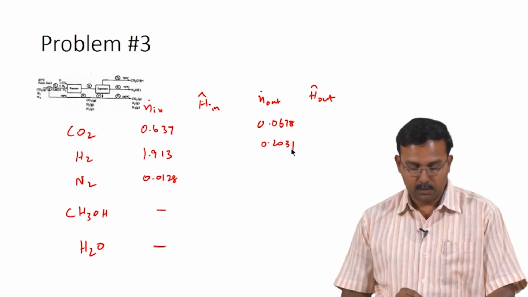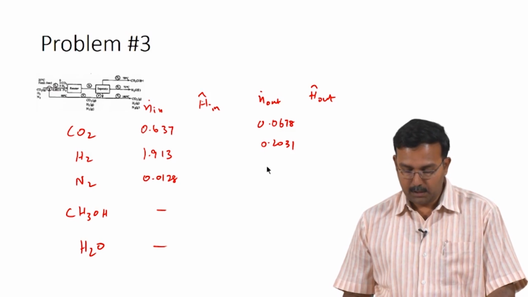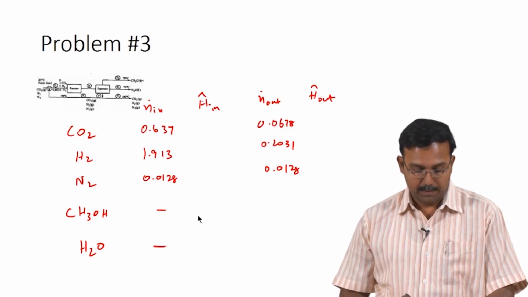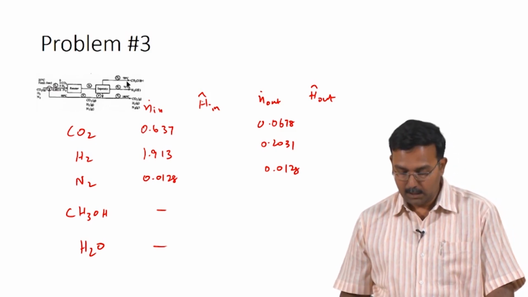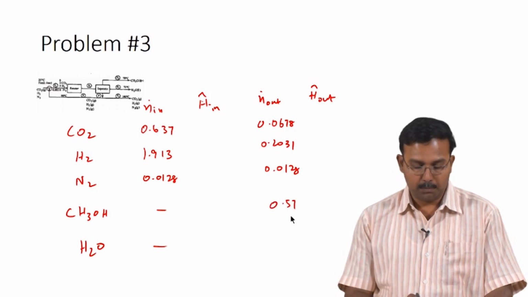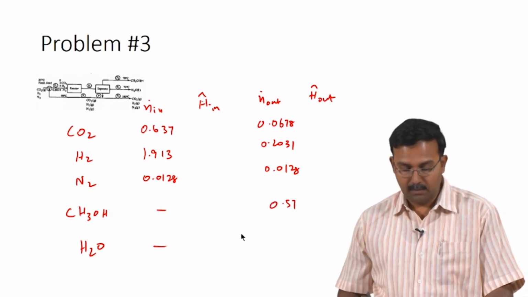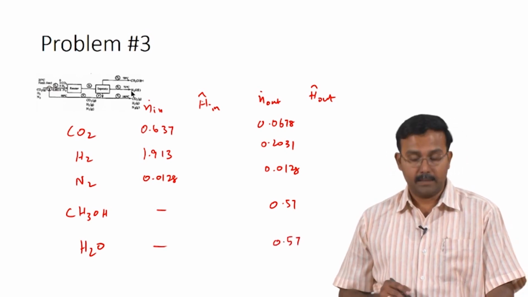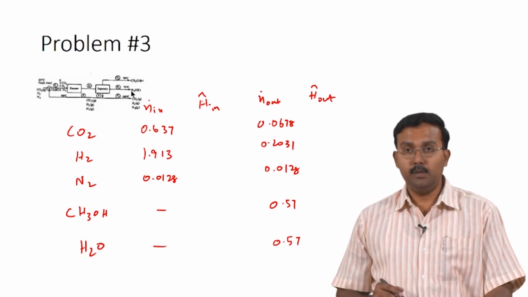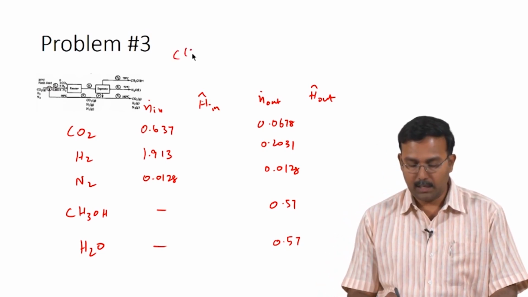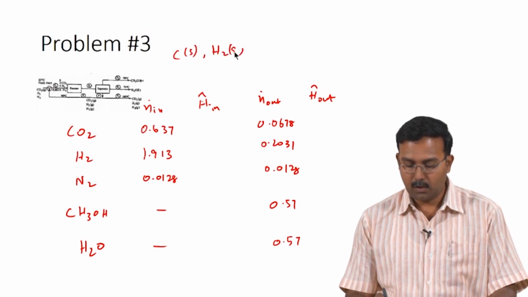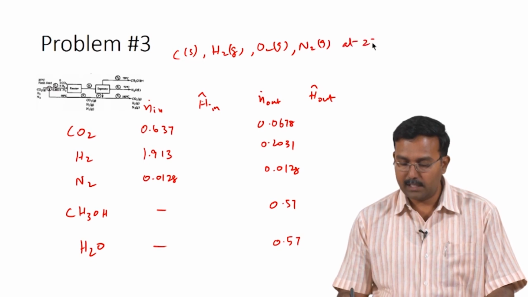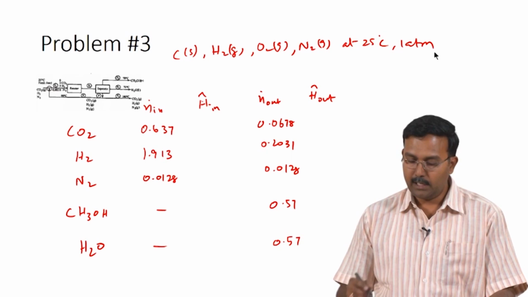Amount of nitrogen leaving through the purge stream is 0.0128 kilomoles, and you have methanol which is leaving the system as 0.57 kilomoles through the product stream P2, and 0.57 kilomoles of water is leaving through P3. And now we have all this information. We had used the reference states as carbon solid, hydrogen gas, oxygen gas, nitrogen gas, all at 25 degrees Celsius and 1 atmosphere, right. So, for the heat of formation method.